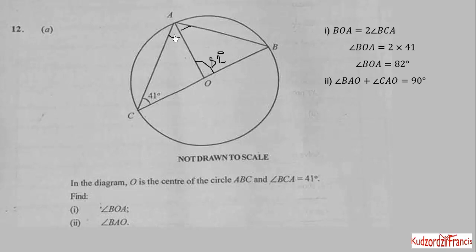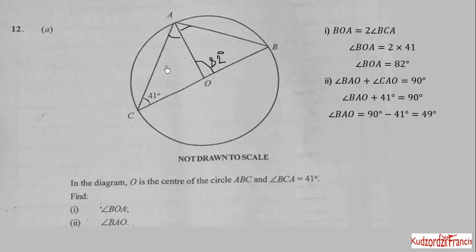So the angle here will be 90. But we know one of them already to be 41 because this must be equal to this. This is an isosceles triangle. So we subtract 41 from both sides to get 49 degrees.